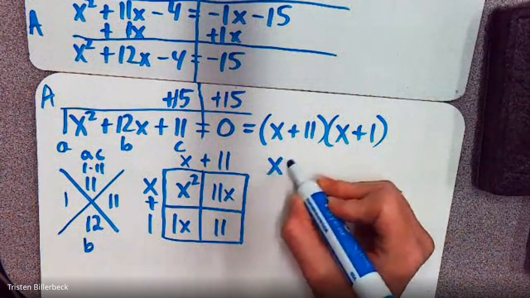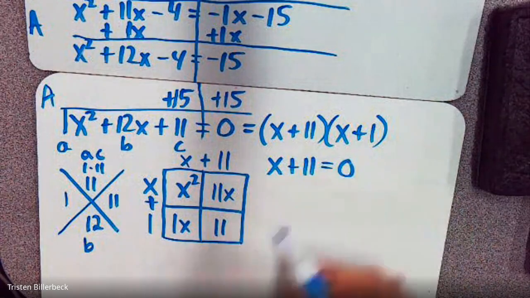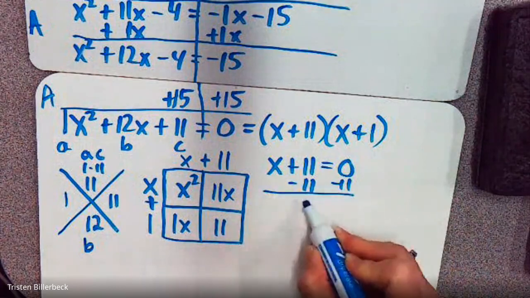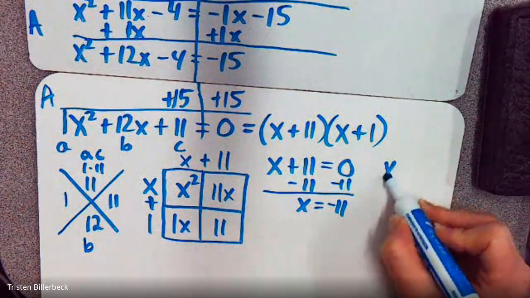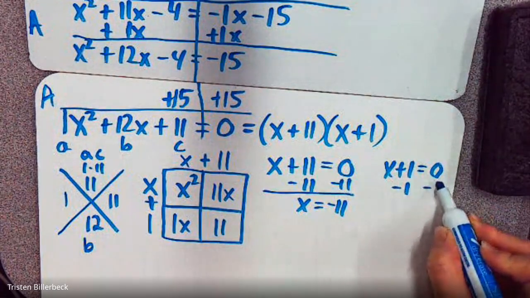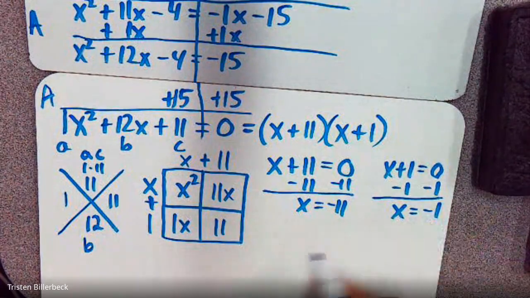So those are our solutions, perhaps. So we're going to set x plus 11 equals 0, and we get x equals negative 11, and x plus 1 equals 0, and we're going to subtract 1, and we get x equals negative 1.